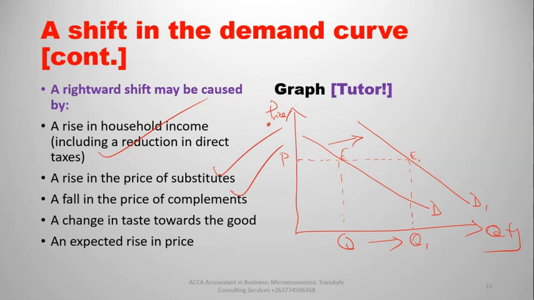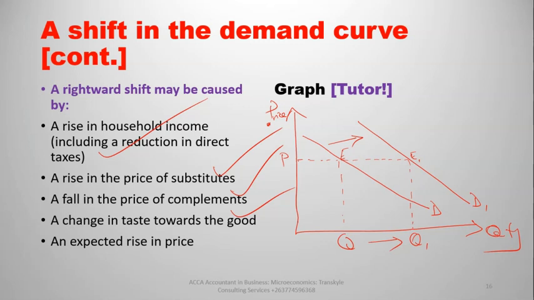Now, a change in taste toward the good. Customers are now starting to like this good. For example, in this era of green climate, green technology, people are now vying for solar energy. So their taste towards solar products is becoming positive.